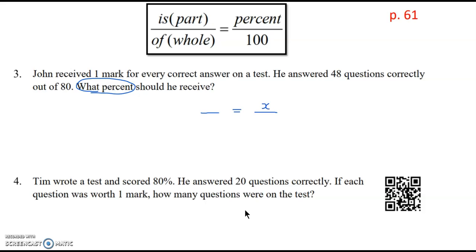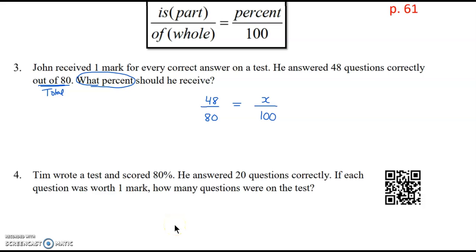So that's what we're going to be solving for. But he answered 48 questions correctly out of 80. So we know that the 80 is the total. And the total is your whole. So he answered 48 out of 80 correctly. Now we can solve to find the percentage.